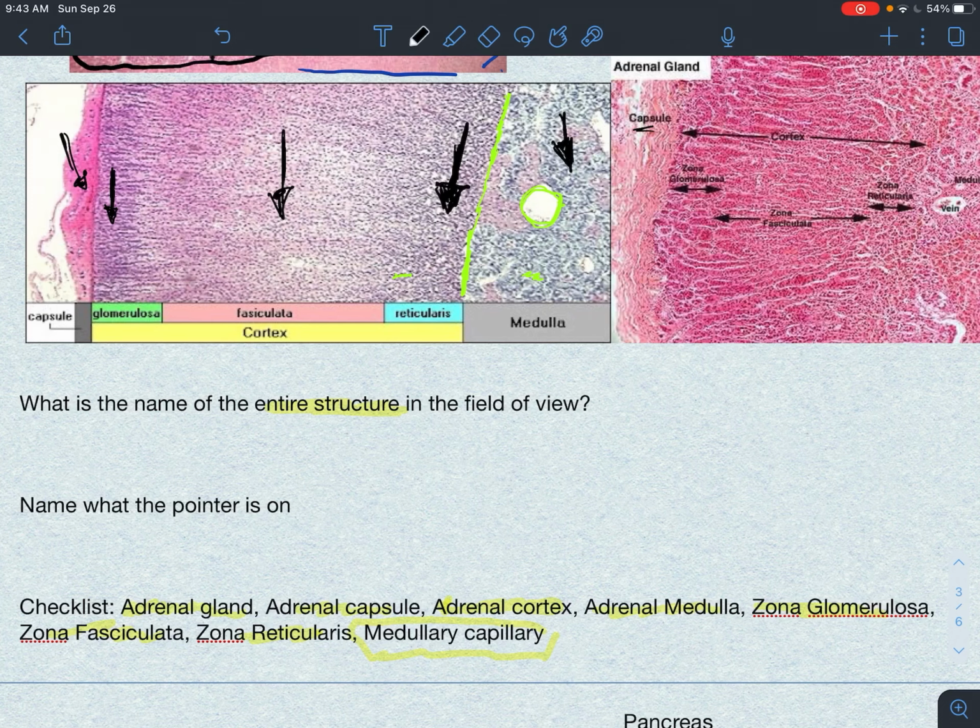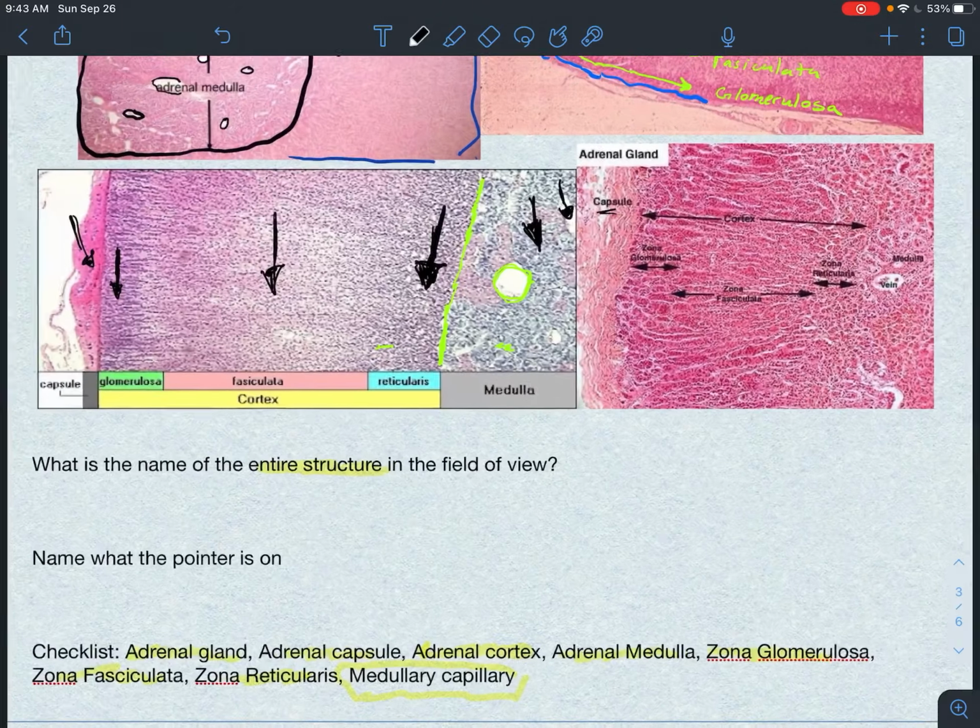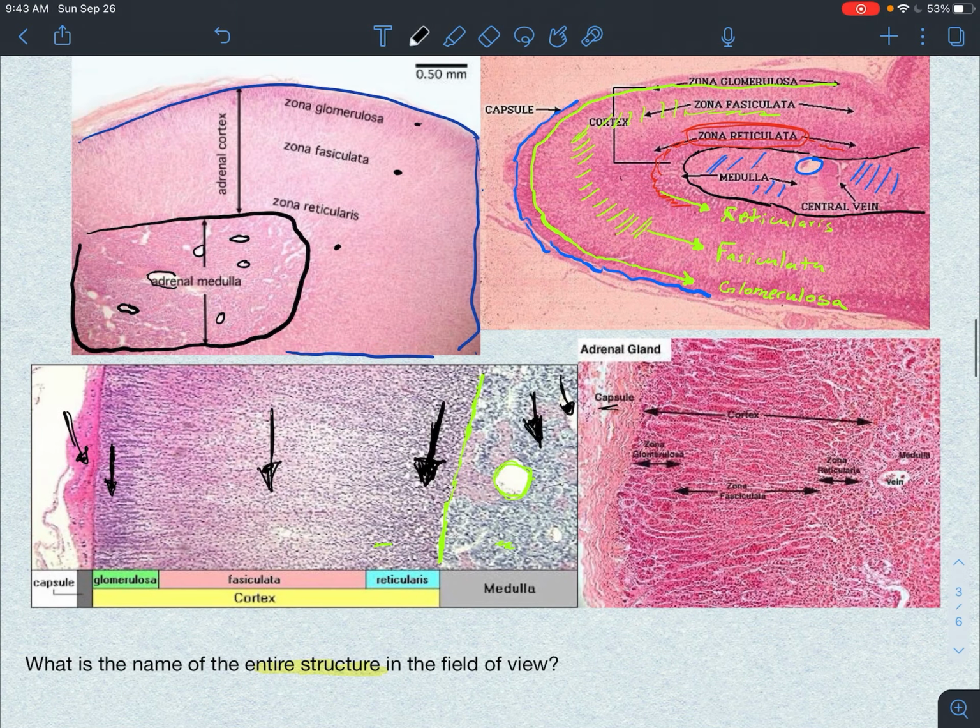And if I put the pointer right inside that blood vessel, that's when you could say the medullary capillary, right? And so that is how you go about understanding the adrenal gland.